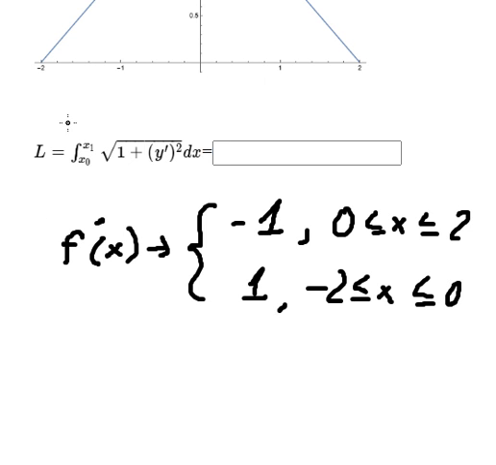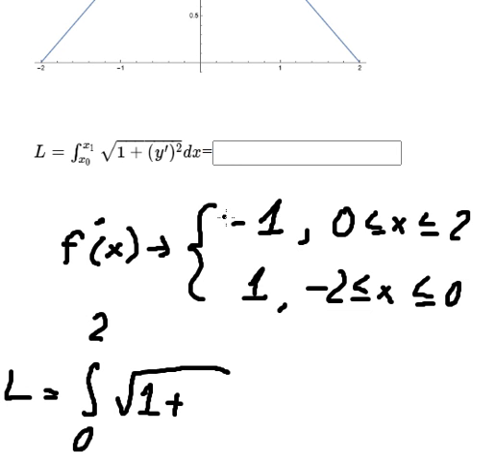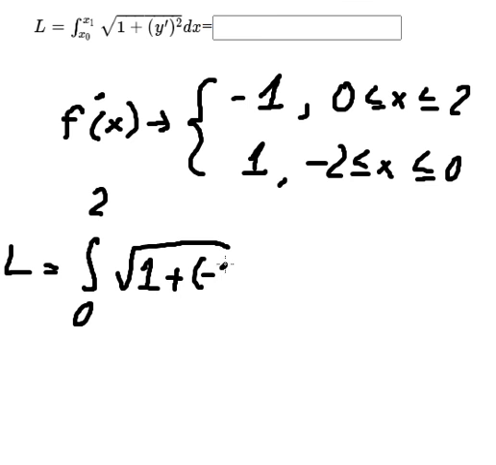Next, we apply the formula in here. So we have the integration from 0 to number 2, and we have the square root of 1 plus, we put this value on here, and that's negative number 1.